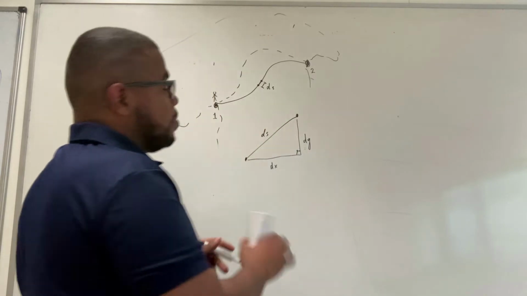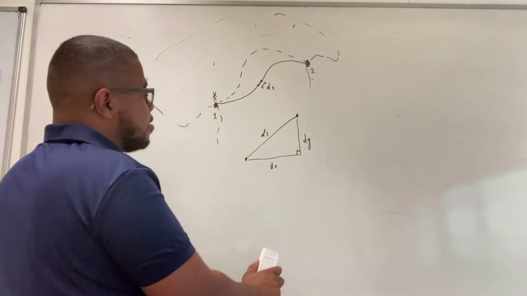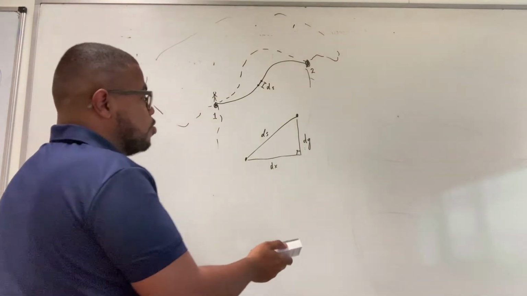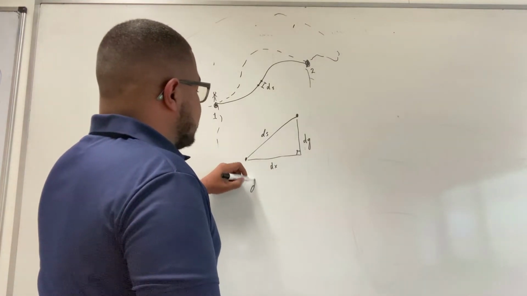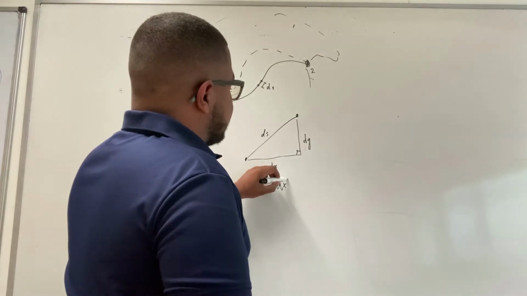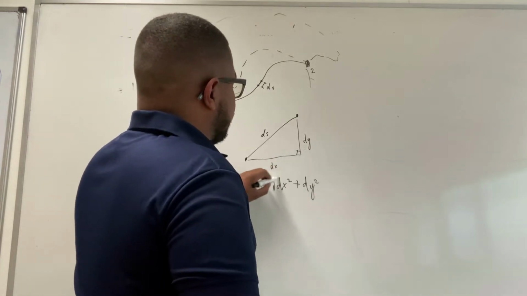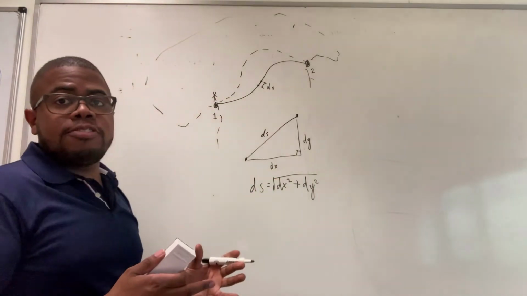You can consider it to be a right triangle. That means that if we want to find an expression for ds, we can use the Pythagorean theorem to say that ds is equal to the square root of dx squared plus dy squared.